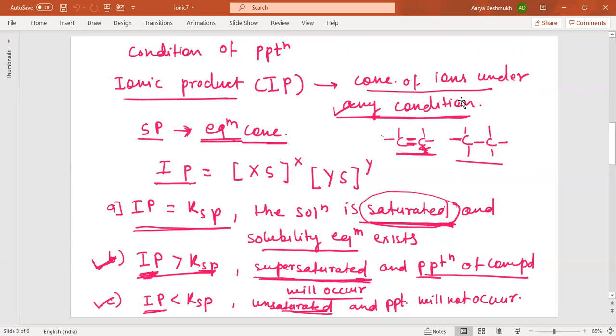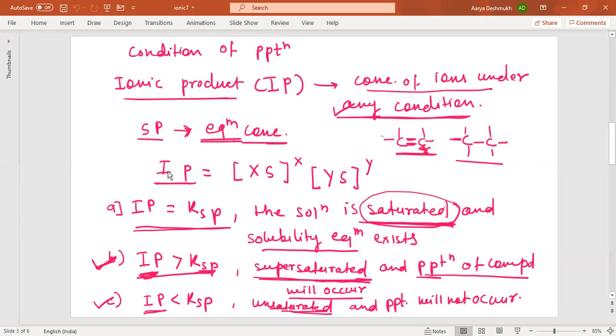When we talk about the solubility product, Ksp, we consider only the equilibrium concentration. And for ionic product, it is the concentration of ions under any condition, not necessarily that the reaction has achieved equilibrium.